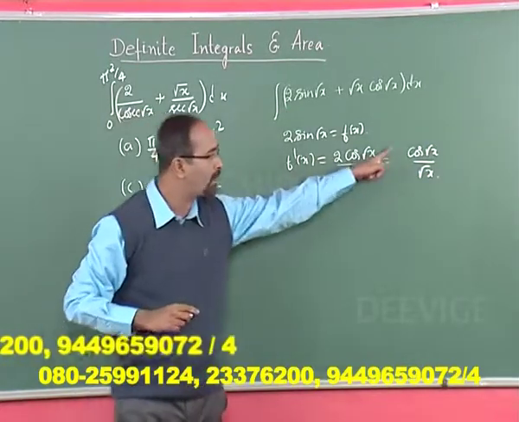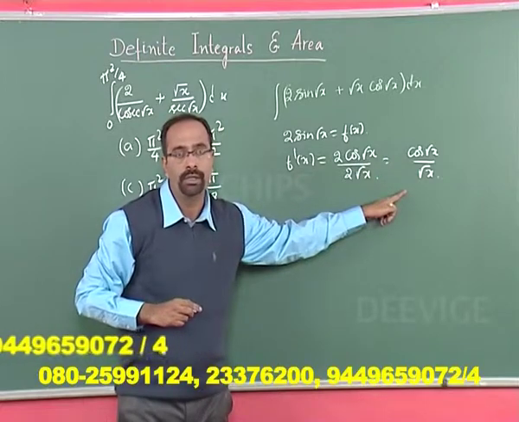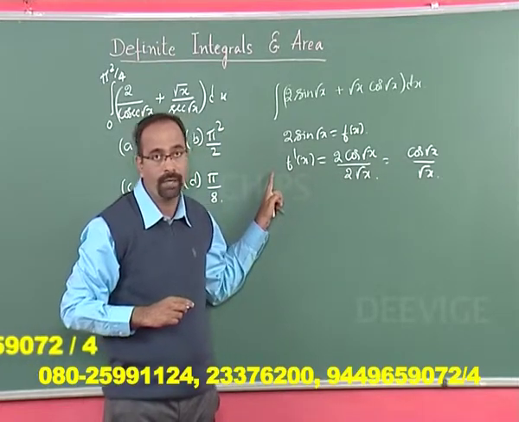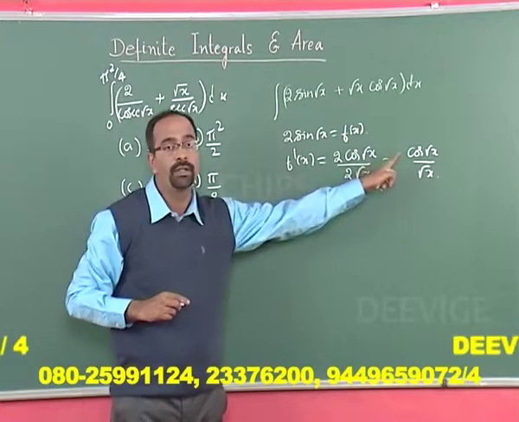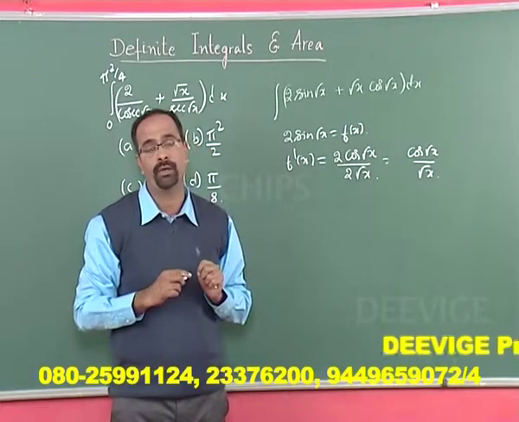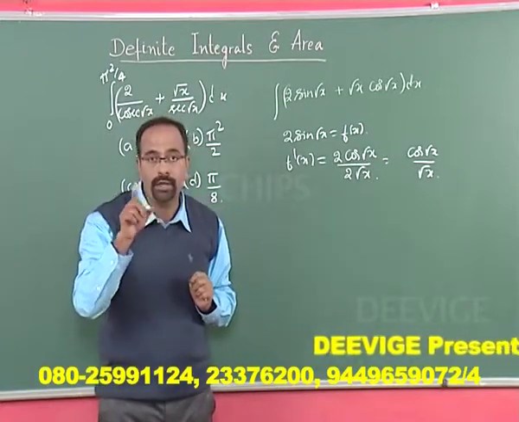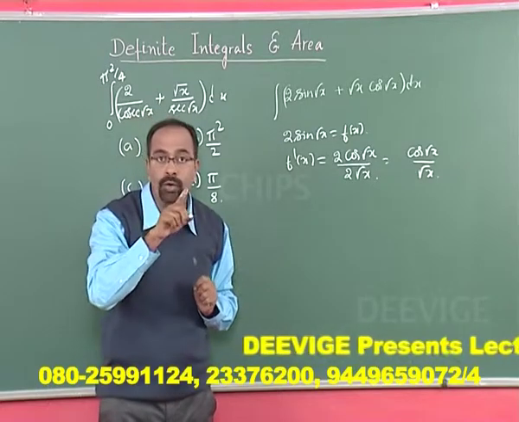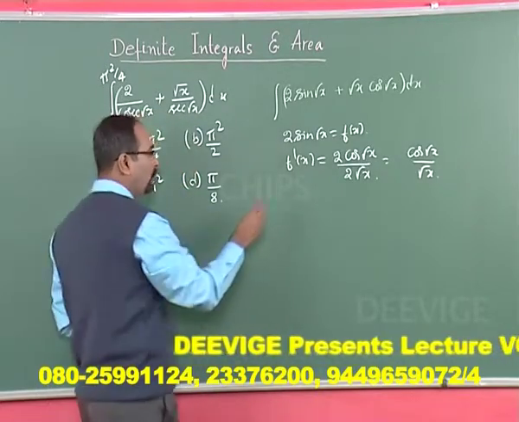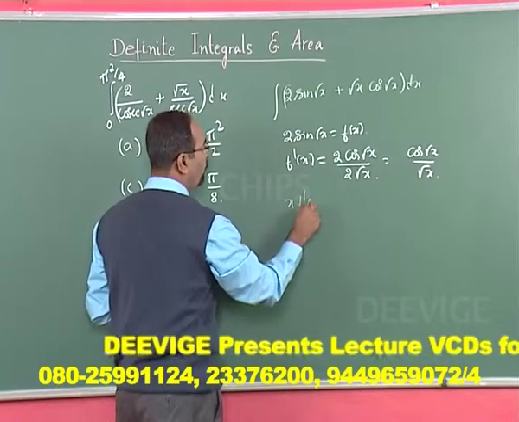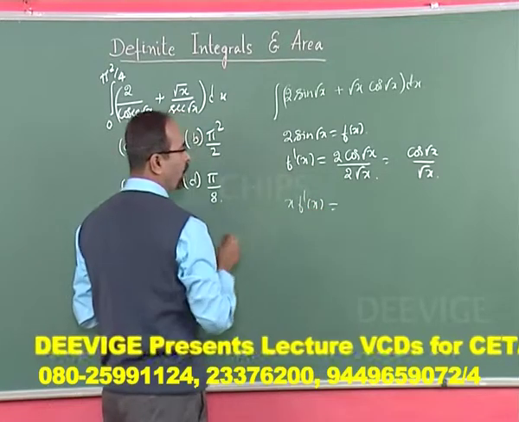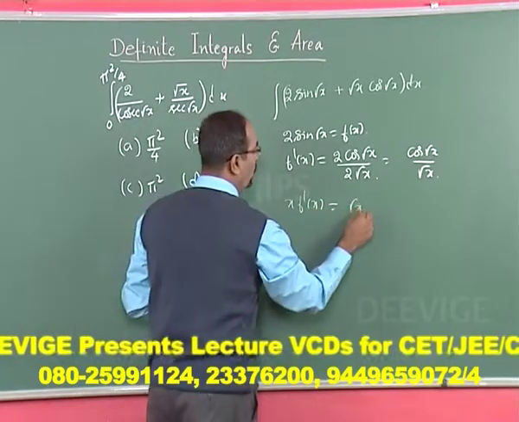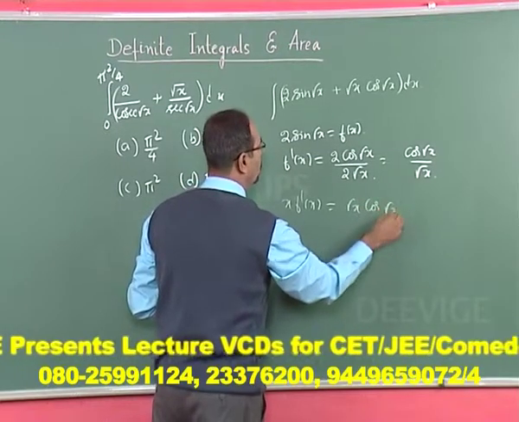F dash of x is cos root x over root x. Multiply with x on both sides. What will we get? X into f dash of x is equal to x into cos root x over root x. What is x into cos root x over root x? We will get root x into cos root x. That is x into f dash of x is equal to root x cos root x.